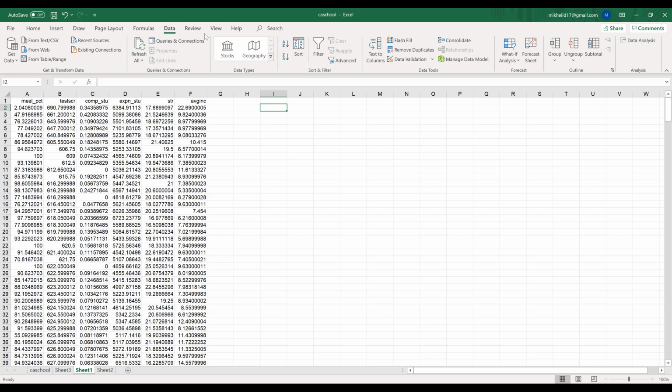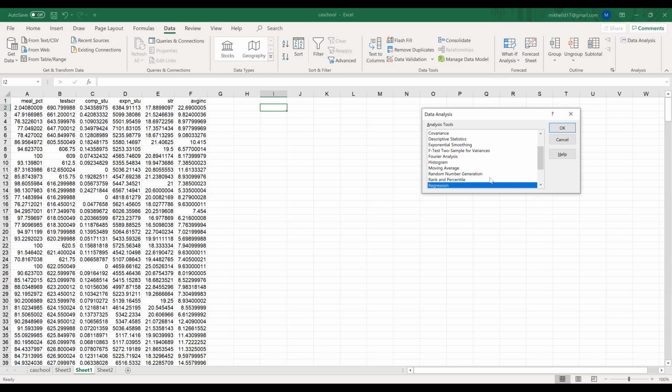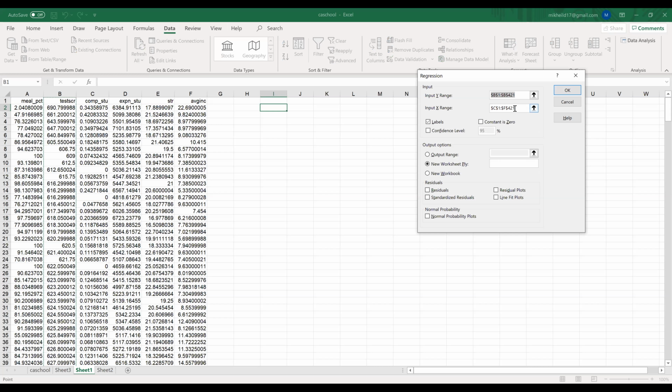So go to Data Analysis, and then Regression. Do you see my screen? Yes. B1 to B421, C1 to F421.